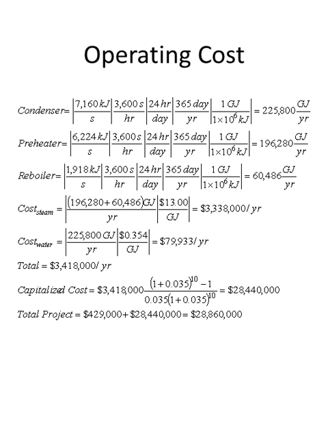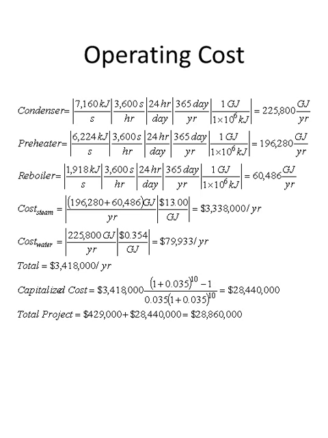Now we're ready to calculate our operating cost. We know the energy requirements of the condenser, preheater, and reboiler, and we can determine this on an annual basis, where the condenser is removing 225,800 gigajoules per year.